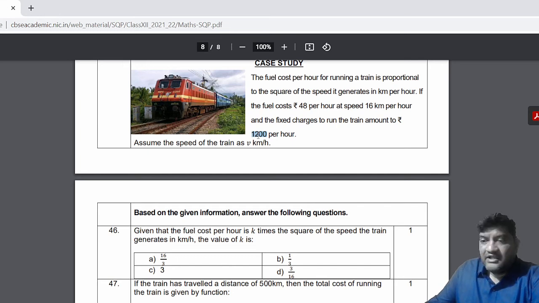In this case, we do not know the velocity. 16 is the speed for a particular situation, but assuming the speed of the train to be v kilometers per hour, I'm now going to change the time to 500 by v. And therefore the fixed charge is going to be 500 by v into 1200.